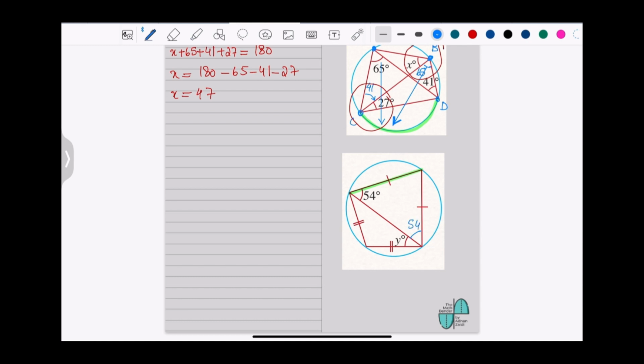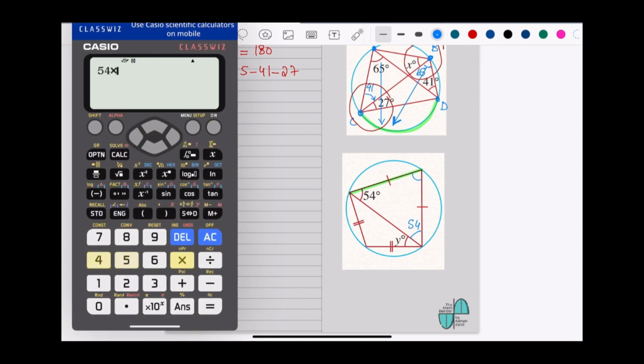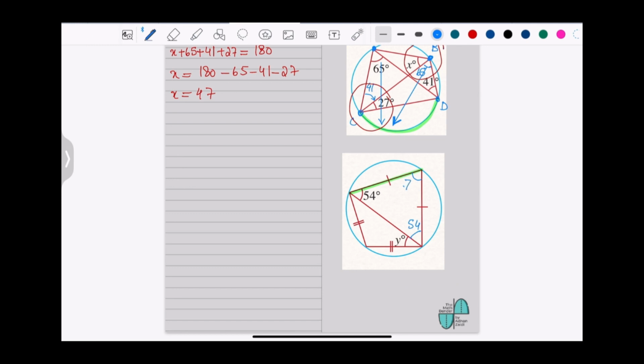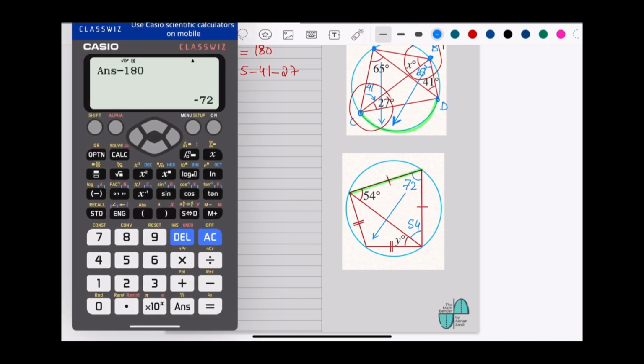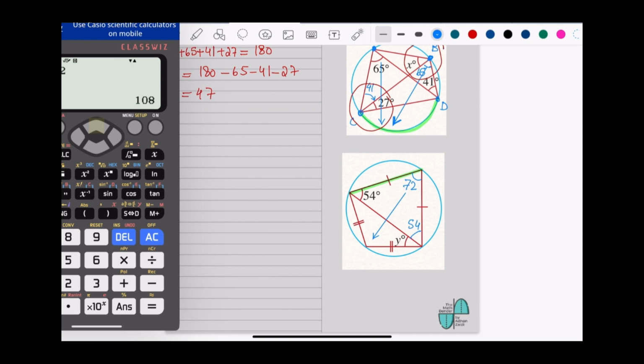So in order to find this angle, it will be 54 plus 54 which is going to be 72. And in a cyclic quadrilateral, this angle is going to be 180 minus 72, which is going to be 108.